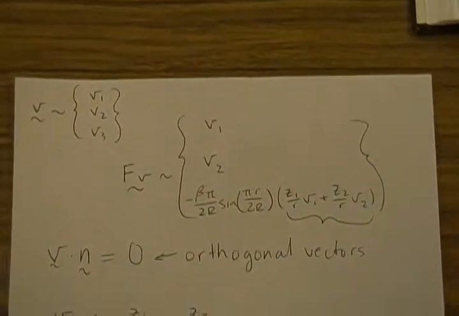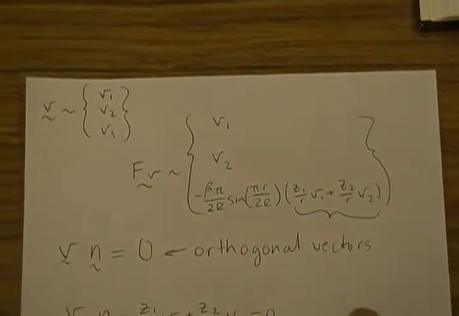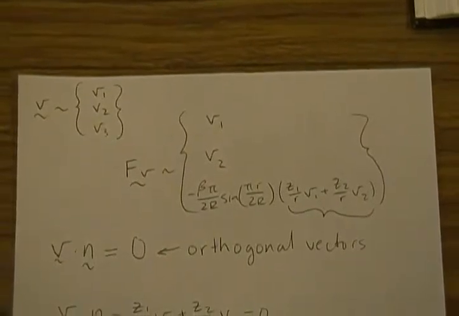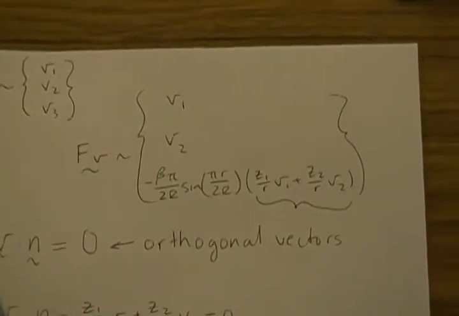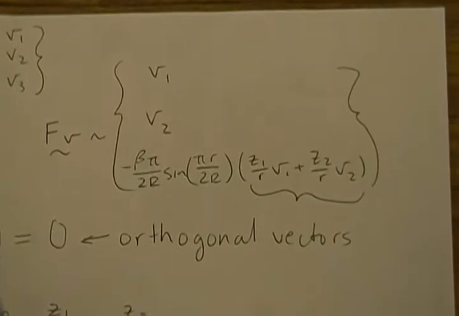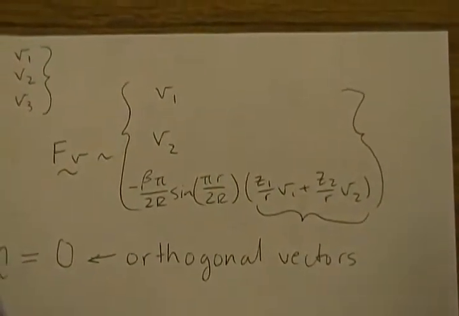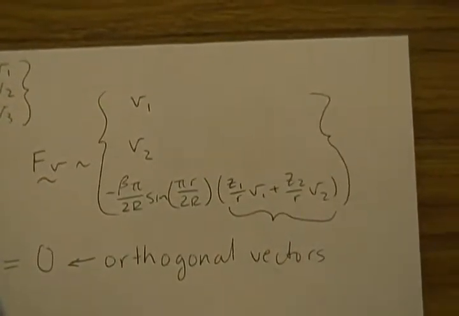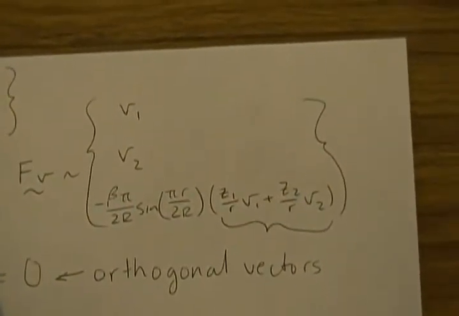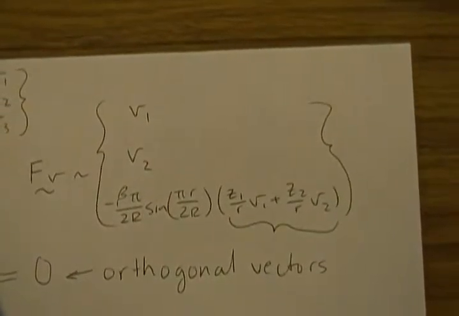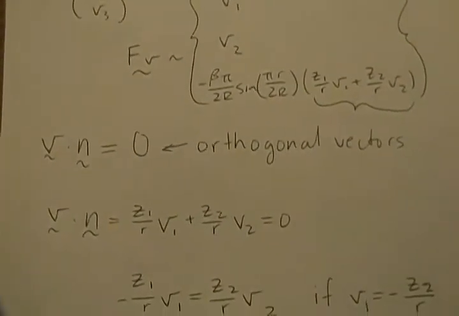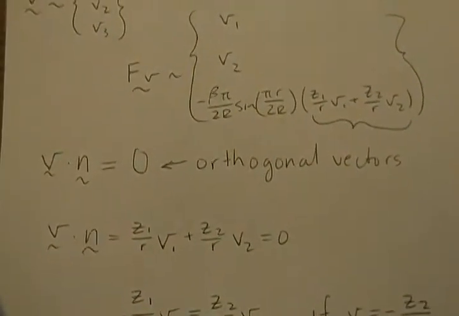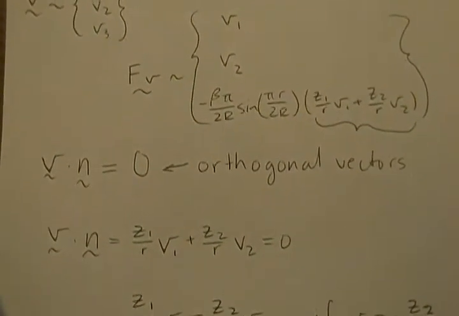So to start off with, we define an arbitrary vector v with components v1, v2, v3, and then we operate F on v, and we get this vector v1, v2, and then this term. In order for v to be orthogonal to n, which we define as a unit vector in the radial direction, the dot product of these two vectors has to equal 0.